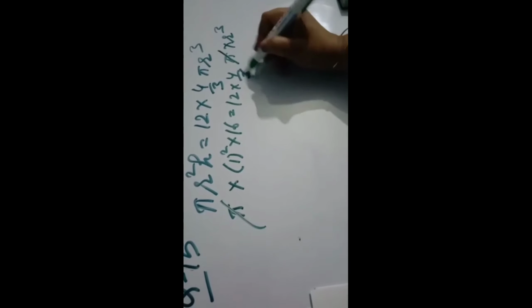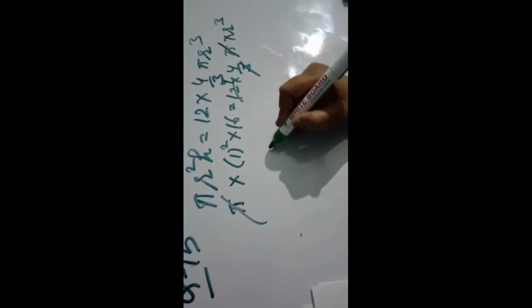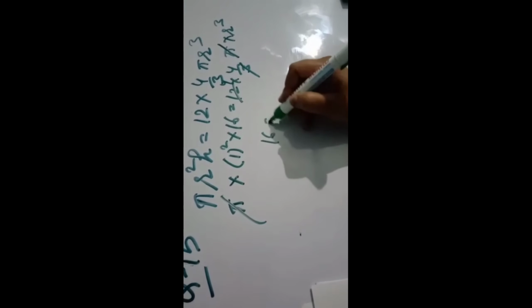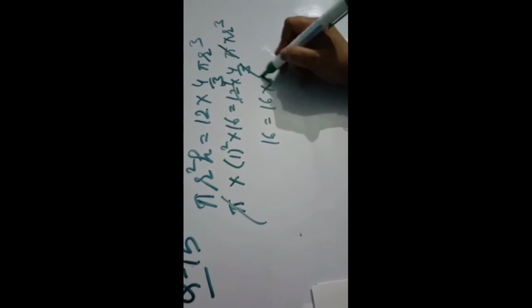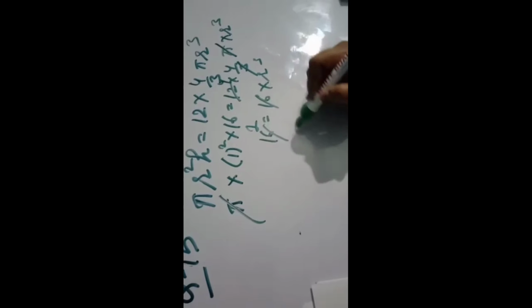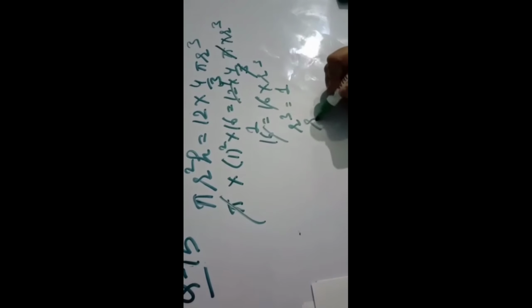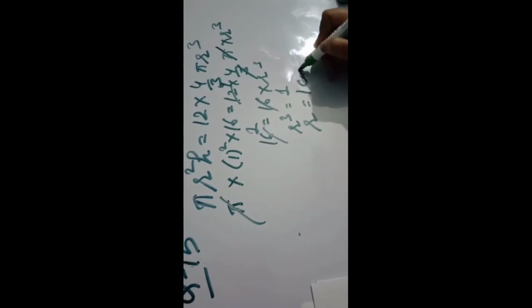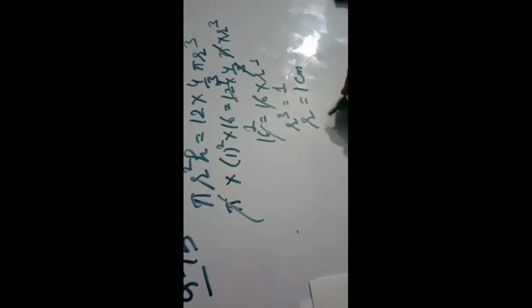Pi cancels, 3 4s are 12, so 1 square is 1, so 16 into 4 is 16 into r cube. 16 ones are 16, so r cube will come 1, so r will come 1 centimeter. But you have to find the diameter. Diameter is 2 into r, so 2 into 1, 2 centimeters will be the diameter.